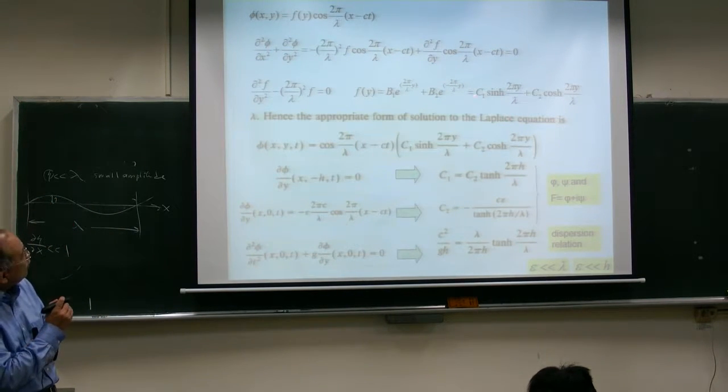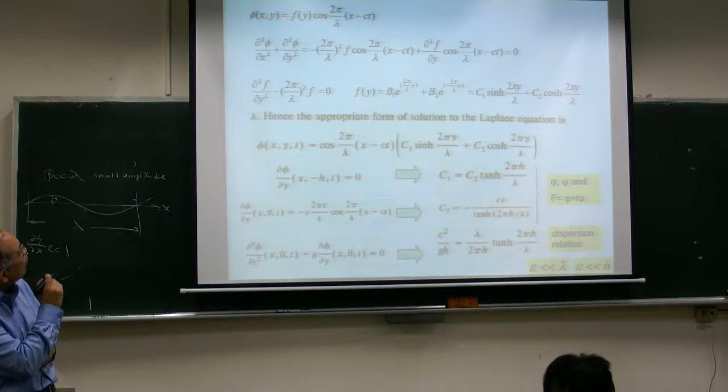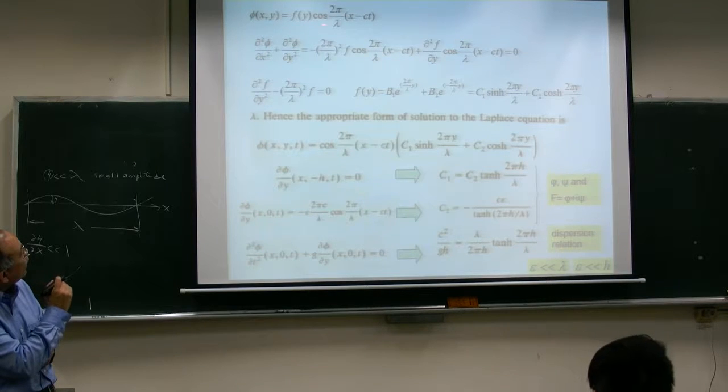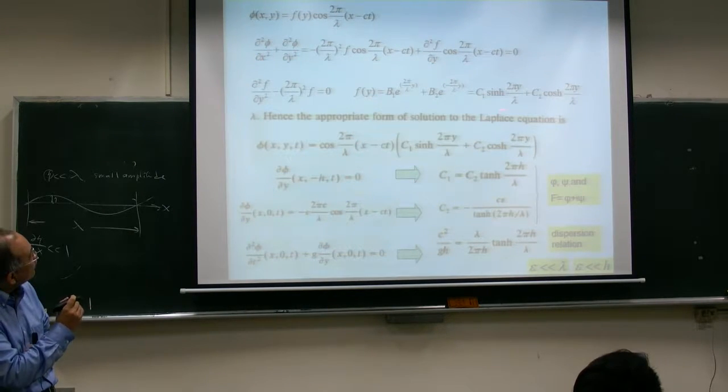So f(y) should look like this. Our velocity potential is f(y) times the cosine of this function, right? So our phi is cosine 2 pi over lambda times (x minus ct) times this f(y) here.